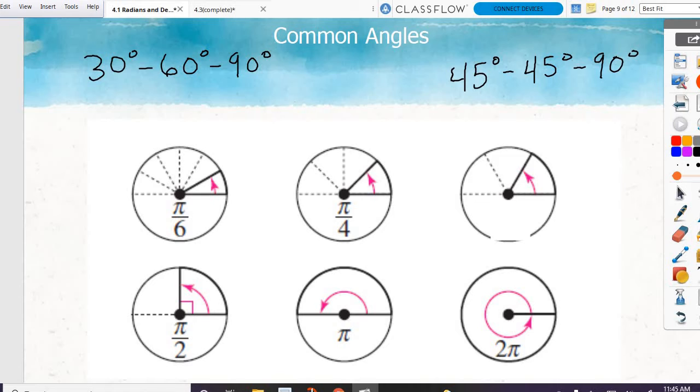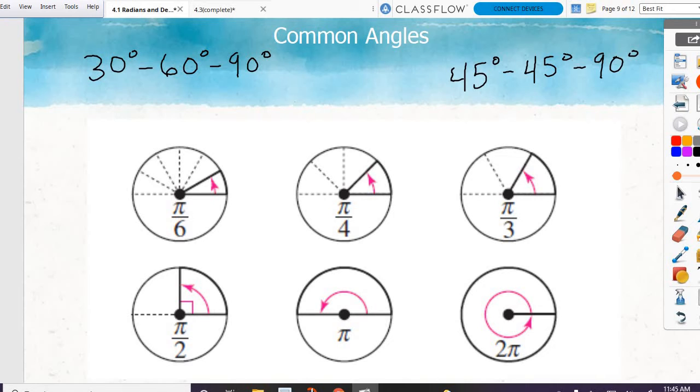So if I'm only looking at one piece of that, I'm looking at 1/6 of the pi. Are y'all with me? Remember, we also learned our conversion rate, so we could have also taken 30 degrees and multiplied by pi over 180. 30 goes into 180 6 times.